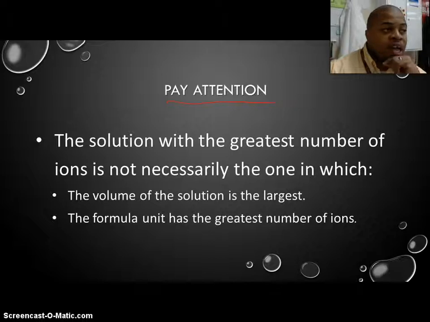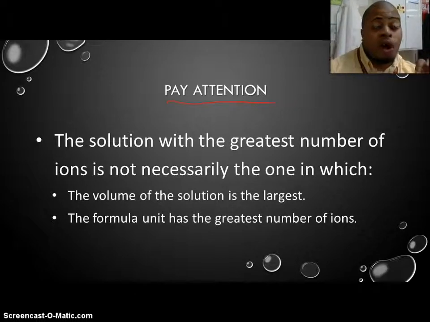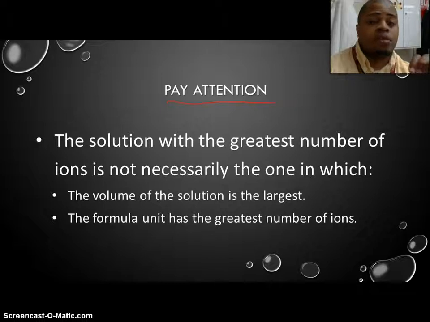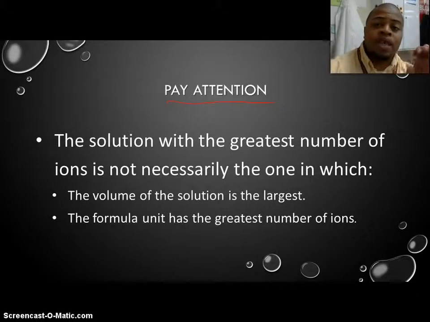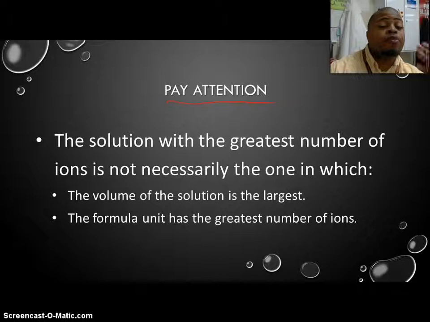What do I mean? I could have one with a very, very high concentration, but a low volume of liquid, or low number of liters in this case. If that's the case, then it would show that I would actually have a higher concentration. So you want to pay attention and actually go through and figure out the number of moles to do so.